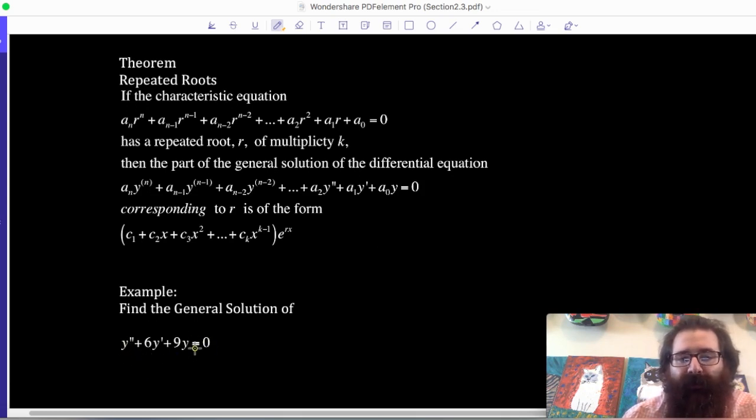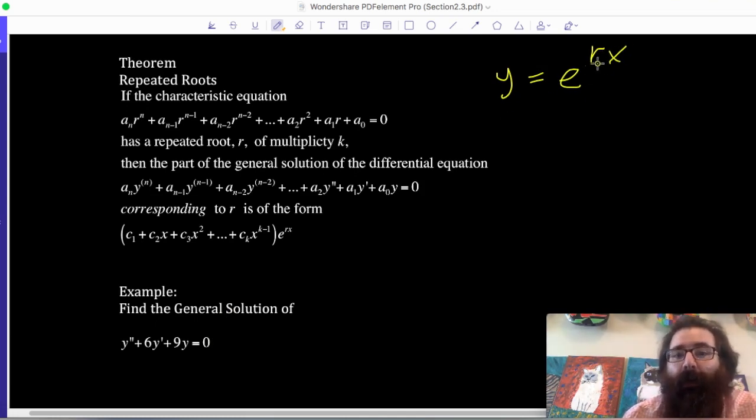equation where if I take some function y, multiply it by 9, add it to the derivative of that function times 6, and add that to the second derivative, I'm hoping that it gives me 0. So we think, well, what function would work? And it always comes back to that same idea that an exponential function is the best choice for us, hands down.